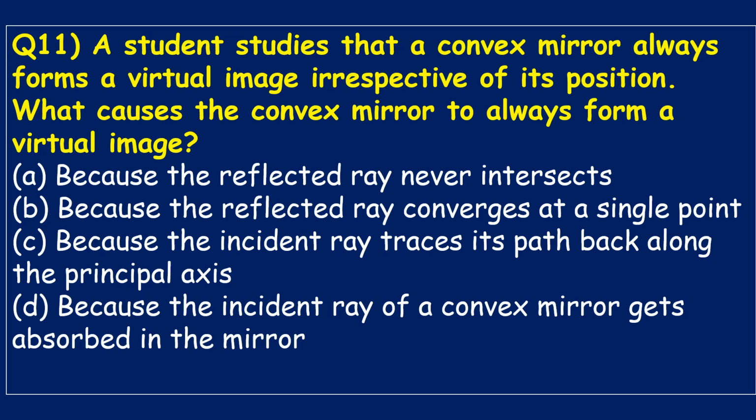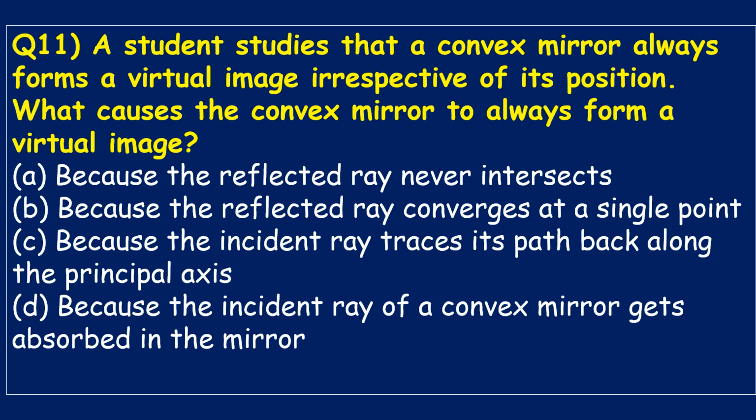What is the reason behind that? Option A, because the reflected ray never intersects. Option B, because the reflected ray converges at a single point. Option C, because the incident ray traces its path back along the principal axis. Option D, because the incident ray of a convex mirror gets absorbed in the mirror.